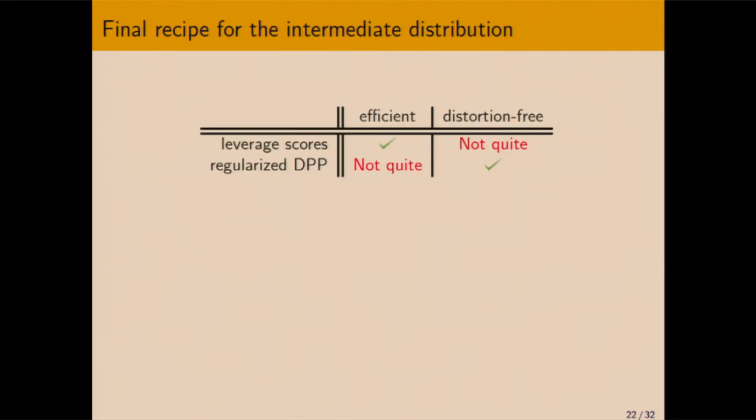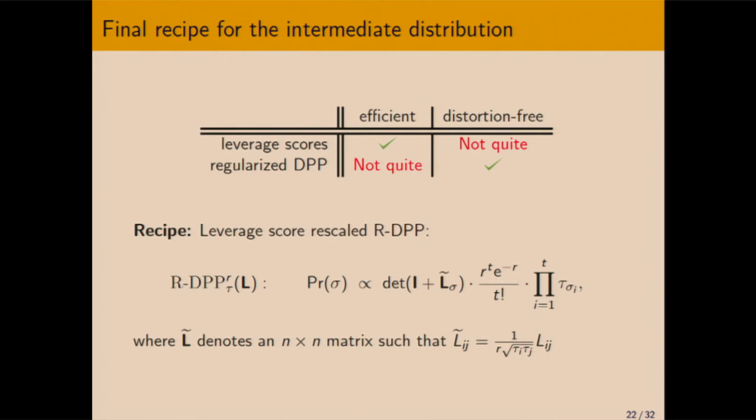All right, so we got two candidates. One of them is distortion-free. One of them is efficient. Neither of them is both. So we just put them together in a very simple way: we take the probability distribution of the IID leverage scores and multiply it by the probability distribution of the RDPPs.